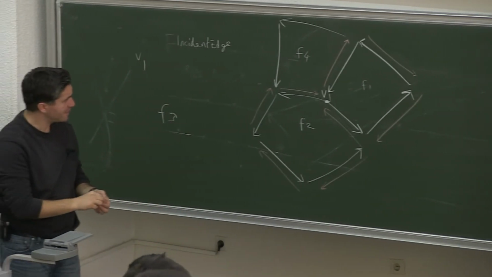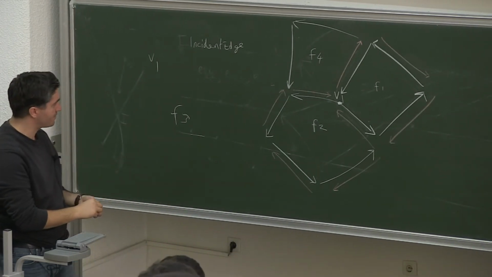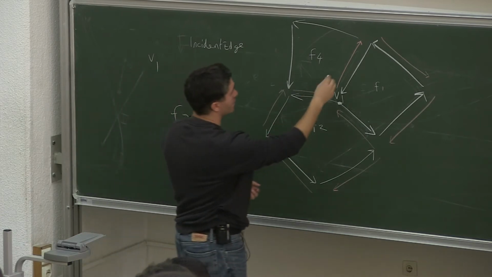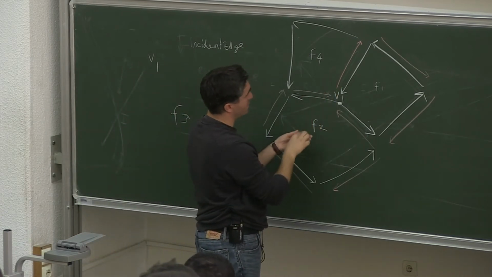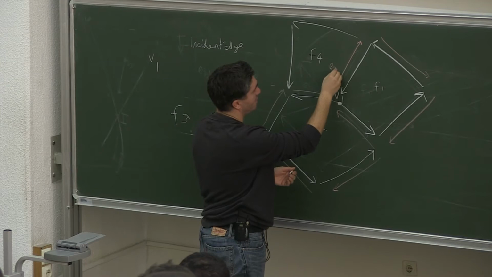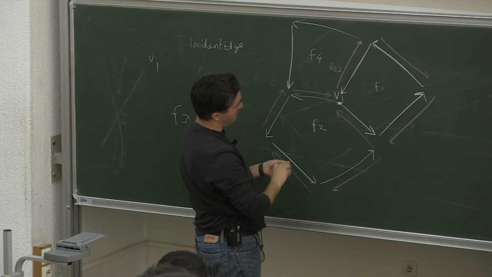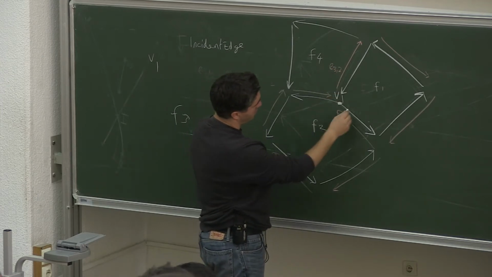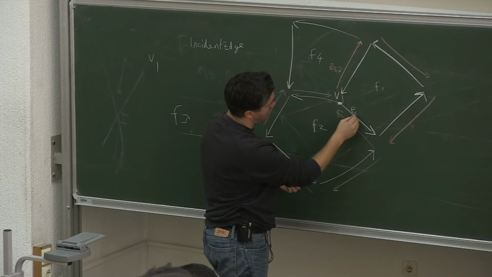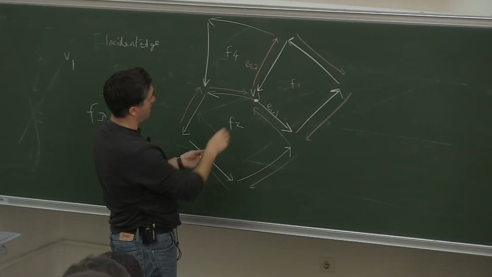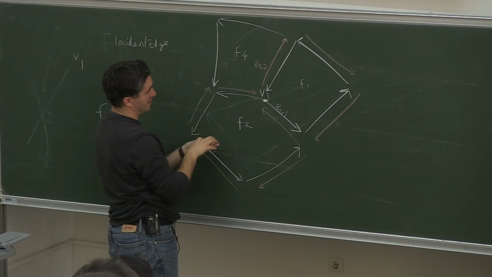Now, let's name these edges once more. So let's name this pink one as E32. And this one E11. And this one as E21.